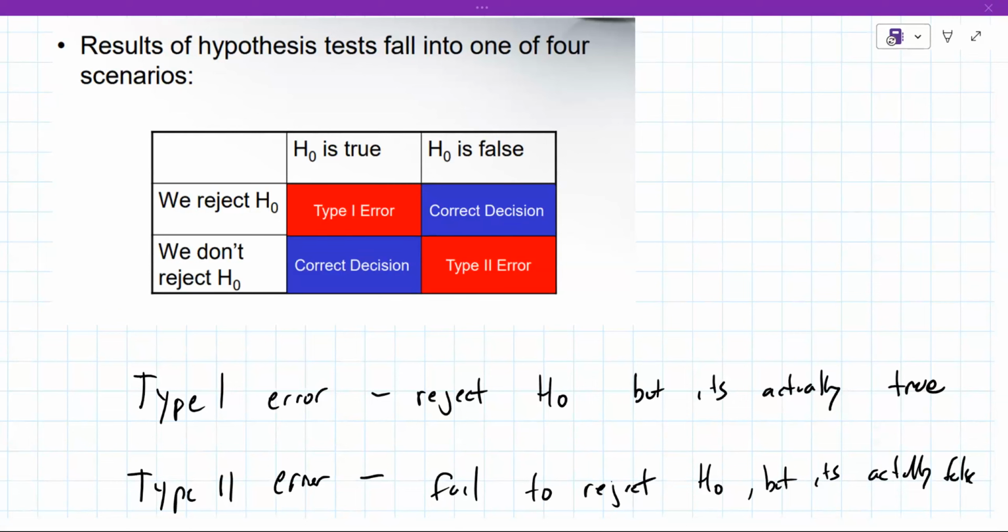So the next thing to do is to actually look at some problems here and decide, is it a type 1 or is it a type 2 error? Which would be great if I could find. I thought this one had some example problems. It did not.